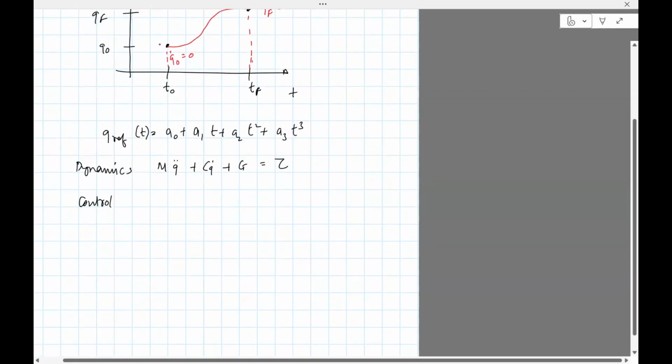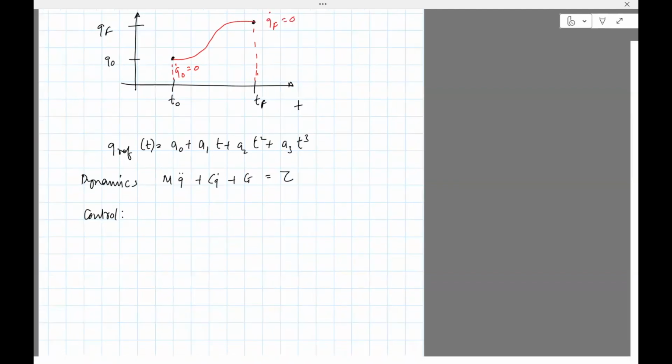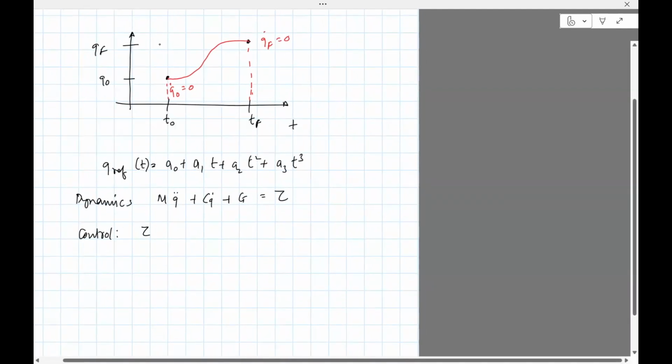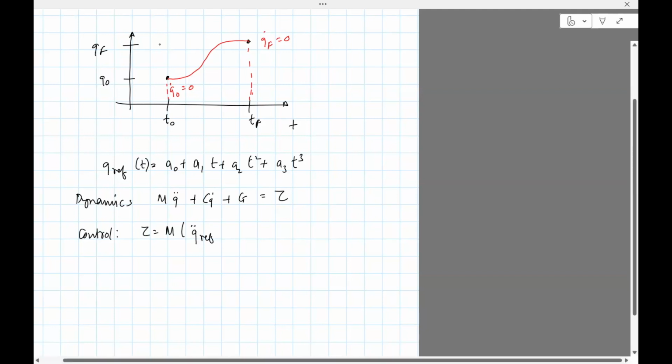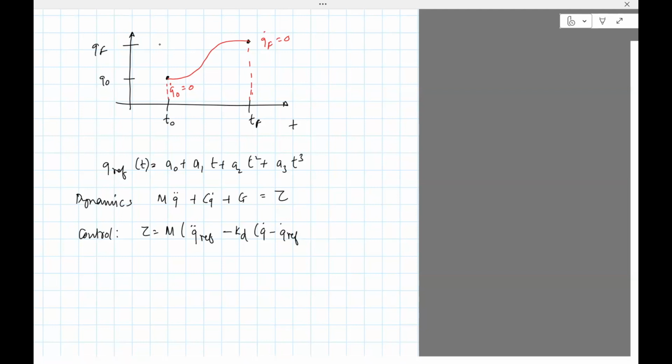Control. Okay, how do we control the torque such that we get the joint to track this trajectory? Well, all you do is you still use the trajectory tracking, the control partitioning or feedback linearization controller. You just do it this way: q double dot ref minus kd (q dot minus q dot ref) minus kp (q minus q ref).